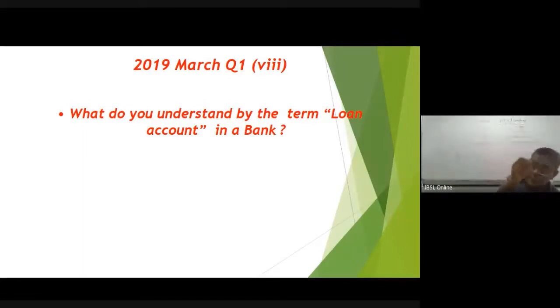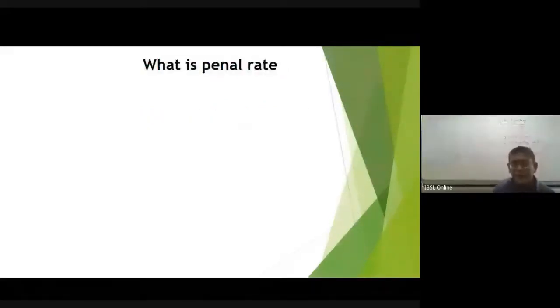So I want to give you another small definition. Put down these definitions also, as you may come across them most of the time. That is called the penal rate. In lending, you will come across penal rate, so we charge a penal rate.